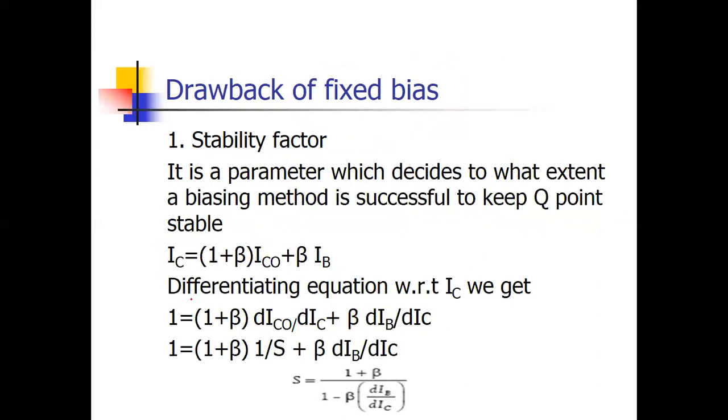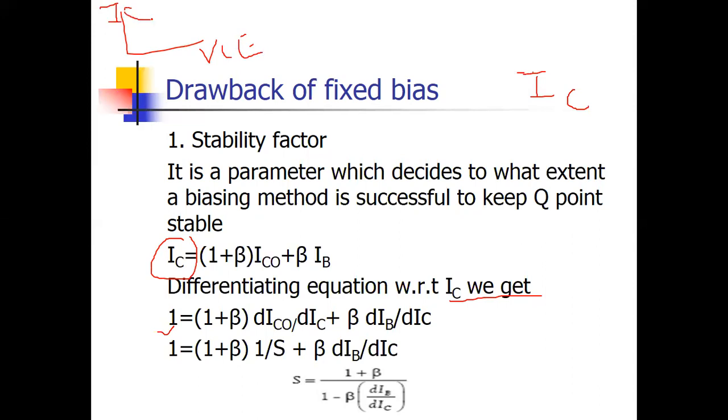In this equation, suppose we are differentiating with respect to IC, then the IC differentiation will be 1. Then (1 plus beta) IC naught is a variable, so it will be (1 plus beta) dIC naught over dIC plus beta dIB over dIC. Now we are talking about the stability of output current. The main parameter is the output current, since the load line on the output characteristic has VCE on the X axis and IC on the Y axis.